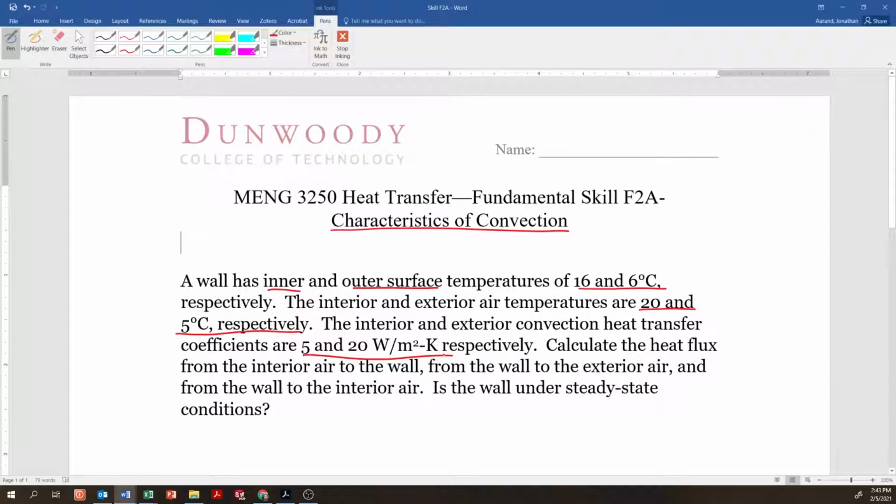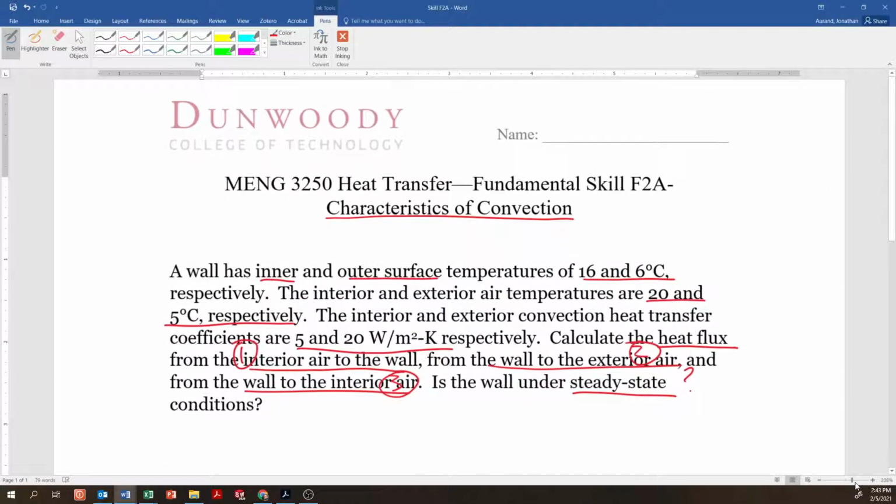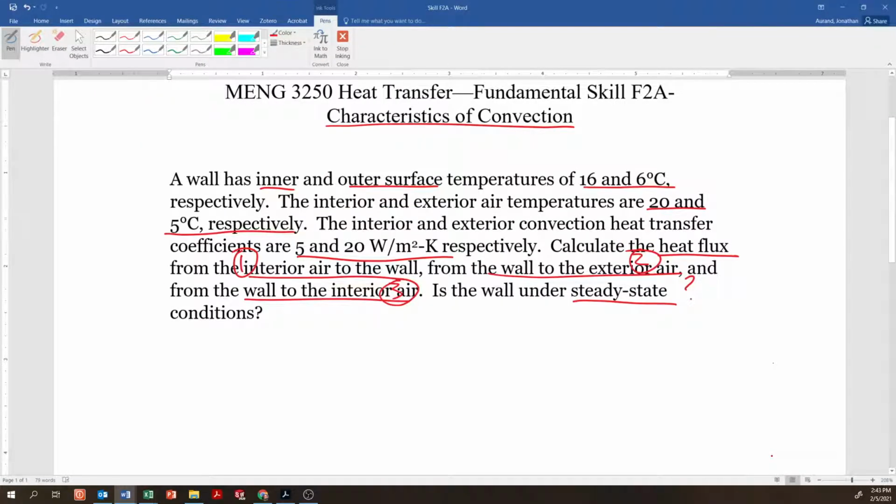Now we're asked to find the heat flux from the interior air to the wall, so that's 1, from the wall to the exterior air, so that's 2, and from the wall to the interior air, that's 3. And then finally, is the wall steady state? That's the question.